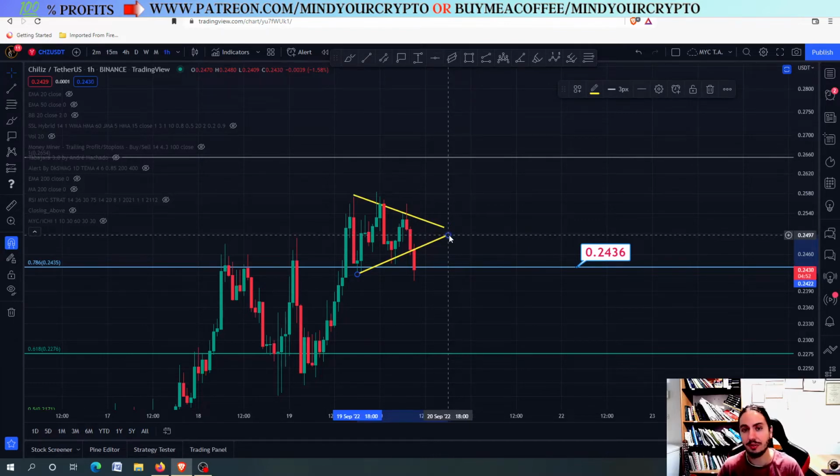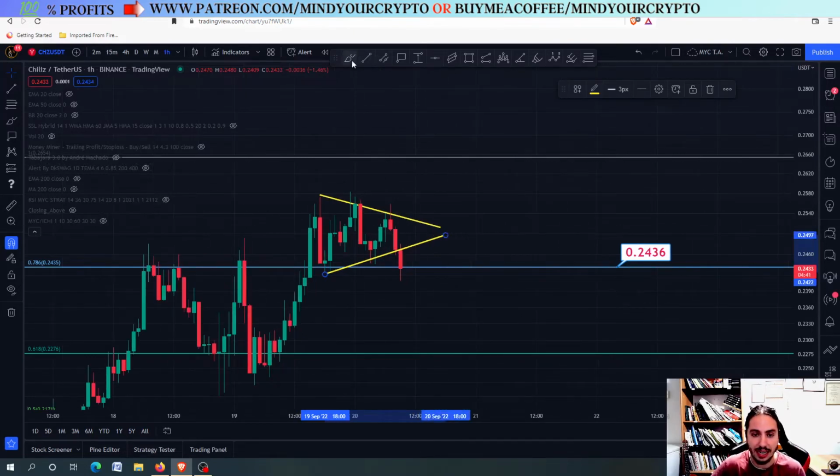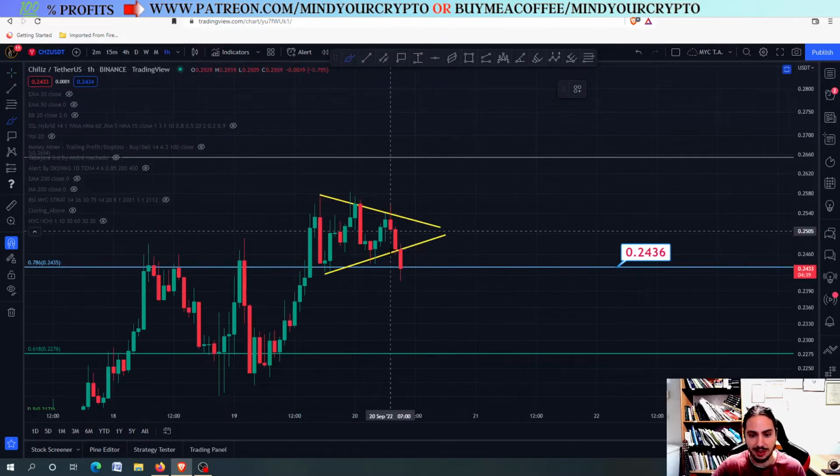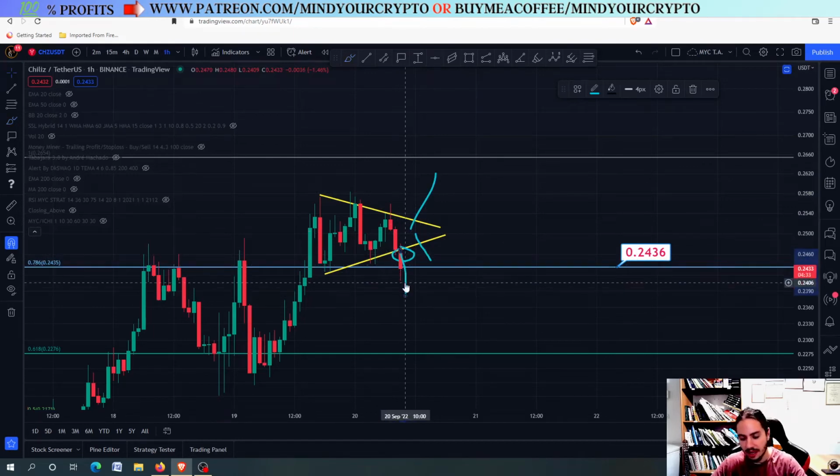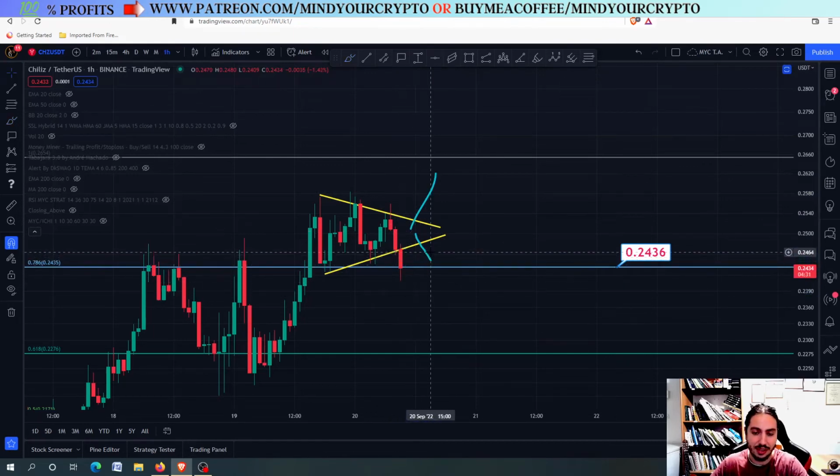We can even have regular, neutral, symmetrical triangles. These triangles are neutral, which means we are waiting for the price to make a move. We can go either up or down, but if we close below this line, this is usually an exit point. Seeing all of this, this could also be a bullish pennant, right?